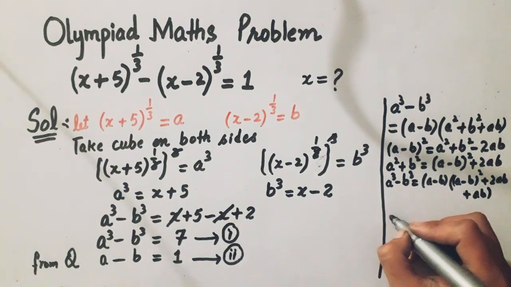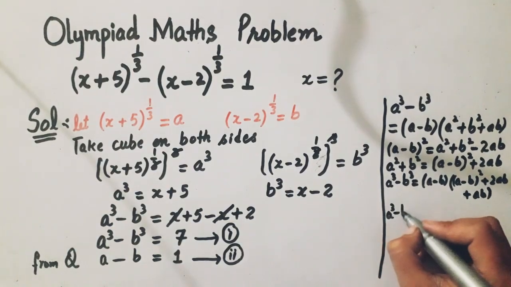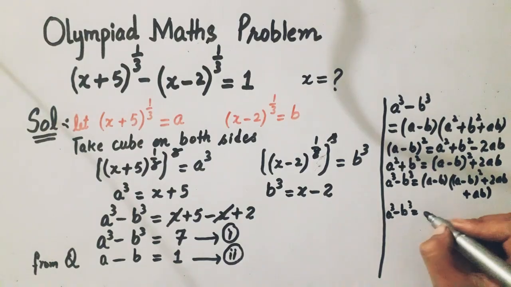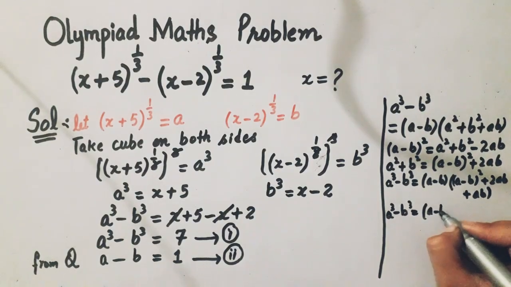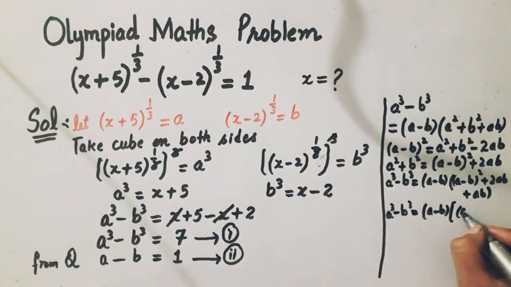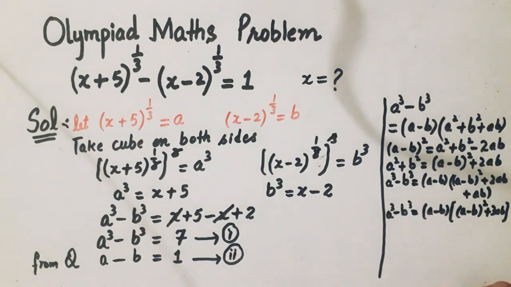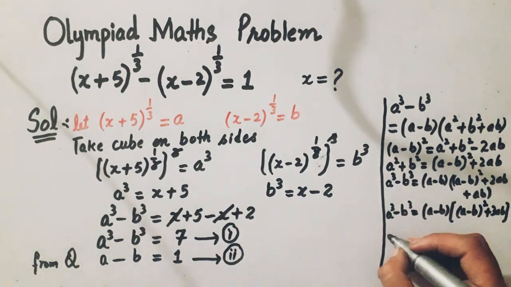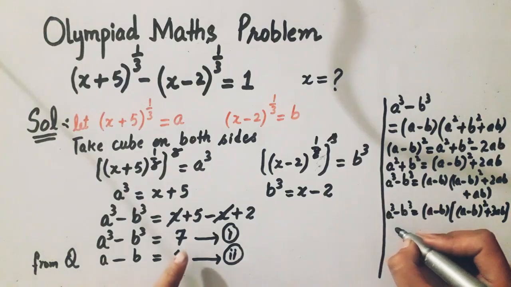So this will become a cube minus b cube equals a minus b into (a minus b) square plus 3ab. Now we get a cube minus b cube is 7.